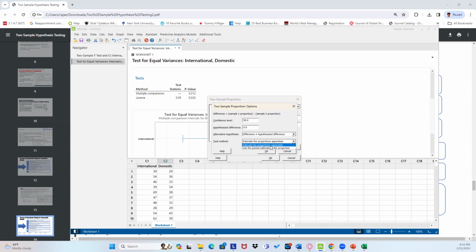Estimate the proportions separately, or use the pooled estimate of the population proportion. If two different proportions are taken from the same population or separate populations, let's say from the same group I took two samples, one sample is like 20 something, and then I took another.